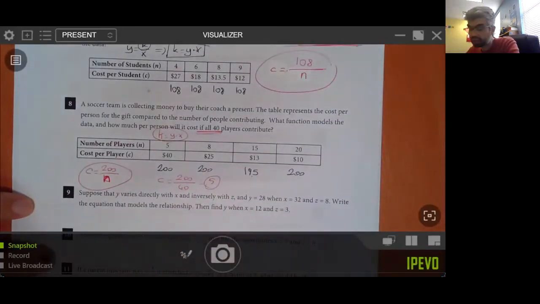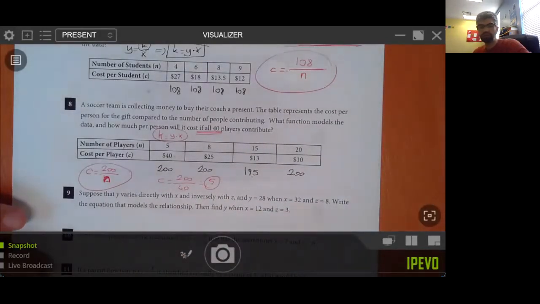The cost will be $5 per player if all will contribute.